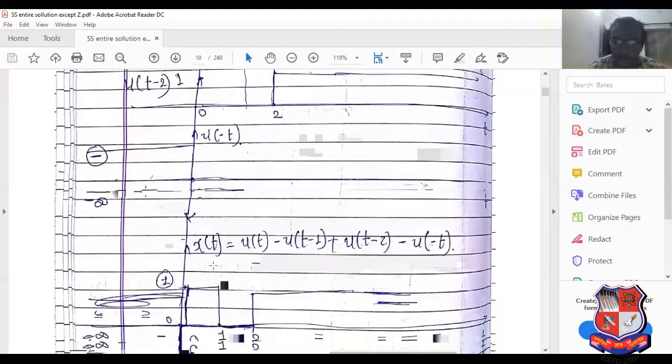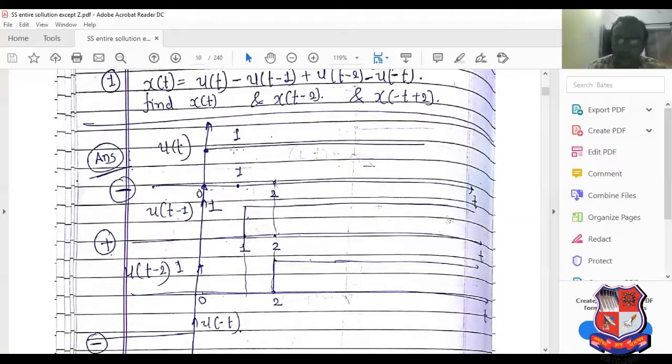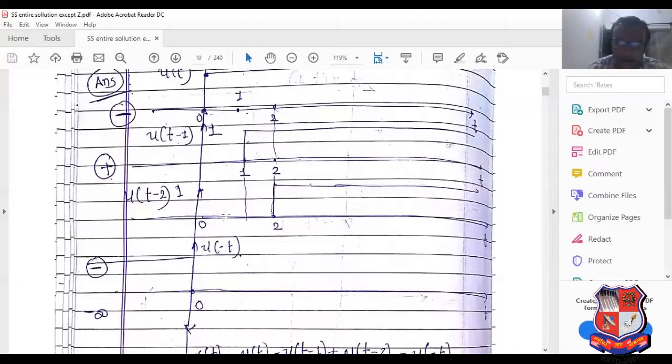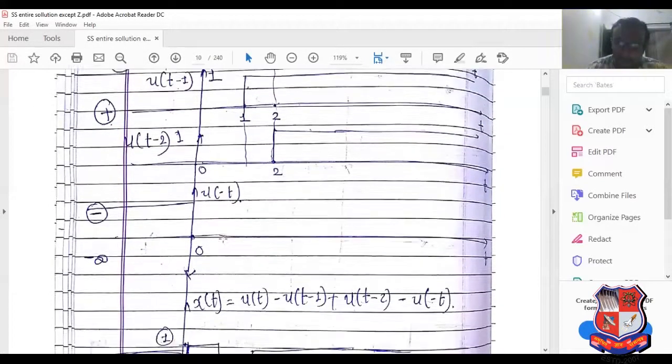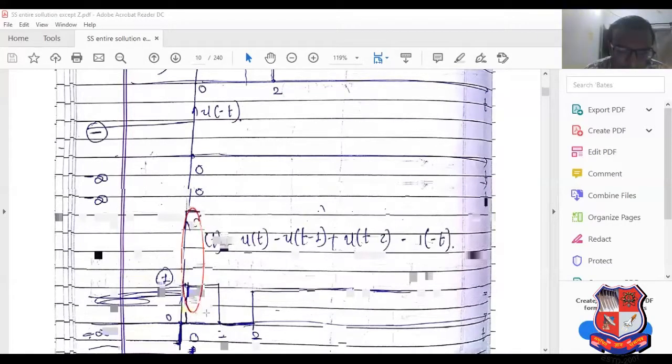Here also 0. So at t equal to 1, amplitude is 0. But between 0 to 1, here amplitude is 1, and here amplitude is 0. Above 0 value, see this very carefully. At t equal to 0 amplitude is 0, but if you switch over to point 1, point 2, point 3, amplitude is 1.